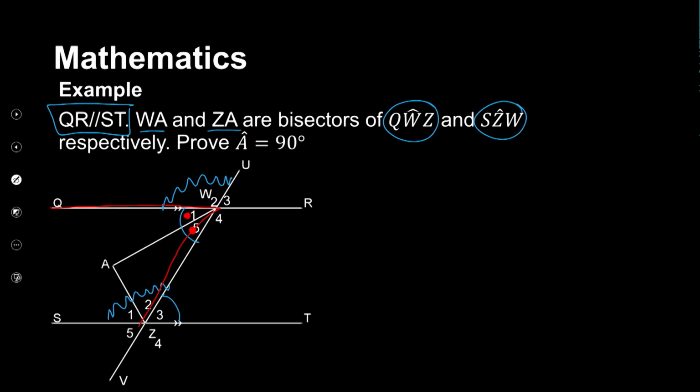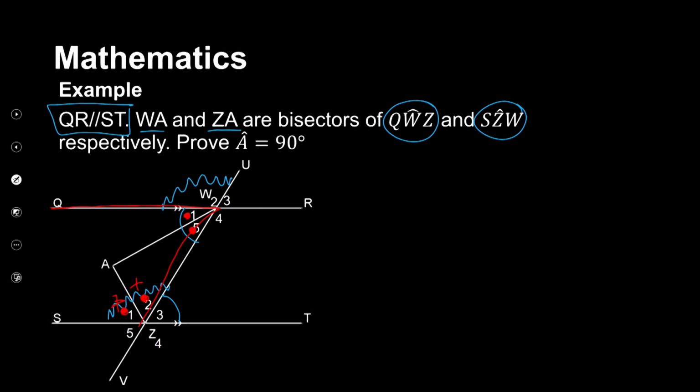I'm going to show you in the next slide on a clean diagram. And then SZW will make this angle equal to this angle. So I'm making it a cross and a dot so that it does not look like I'm saying all of them are now equal.